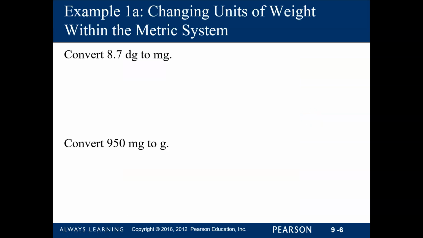So let's take a look at converting 8.7 decigrams to milligrams. Since we are changing within the metric system, we are going to use our technique: King Henry died drinking chocolate milk, and gram is right here in the middle.